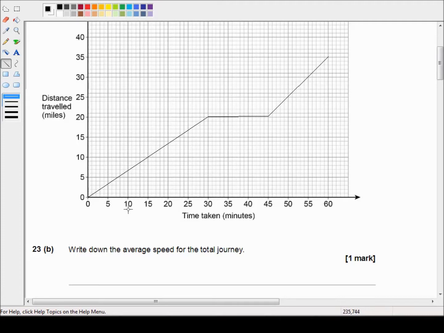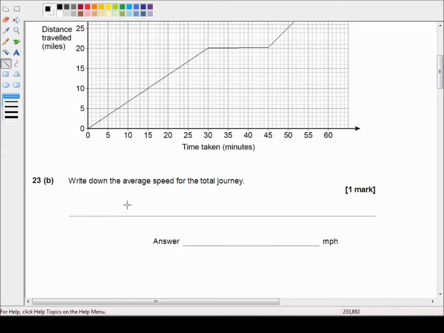Well, 60 minutes is 1 hour, so her average speed is 35 miles per hour. Even though at one point she was hitting 60, her average speed is 35 miles an hour, because she's gone from 0 to 35 miles in 1 hour, or 60 minutes. So her average speed is 35 miles per hour.